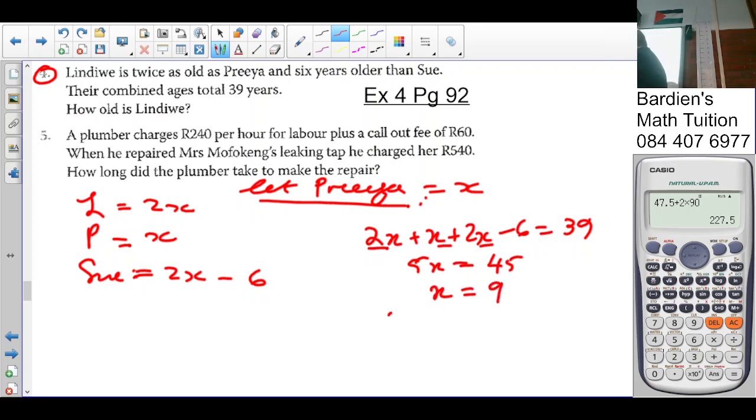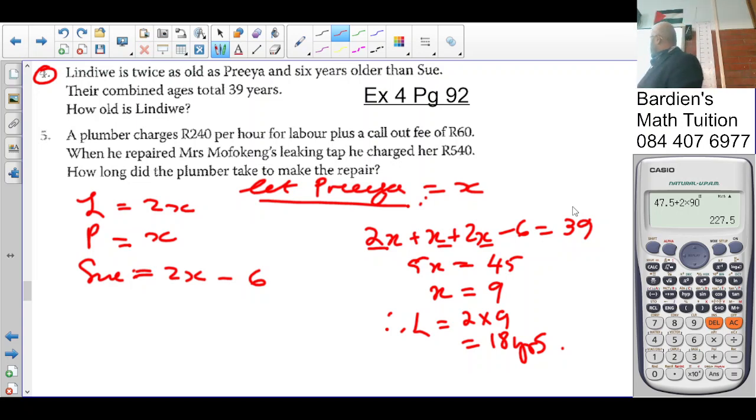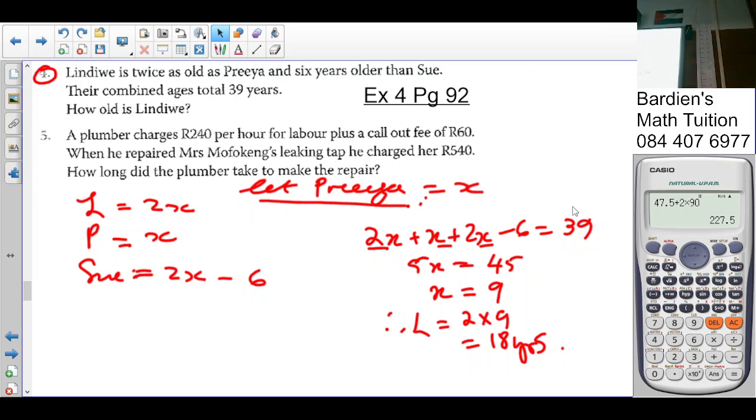So Ndiwe is 2 times 9, which is 18. The question is, how old is Ndiwe? Ndiwe is 18, Priya is 9 and Sue would be 12. You guys got it? Don't lose it, okay.